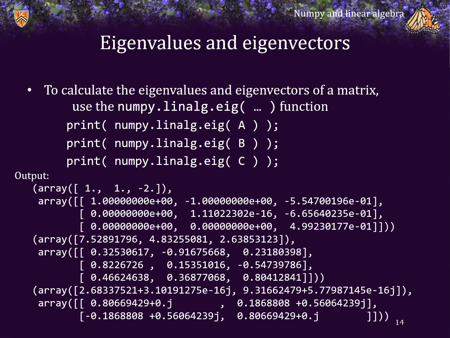And you will notice that the two eigenvectors are indeed orthogonal to each other, as the entries of the first vector are 0.80669 and negative 0.18688 plus 0.56064j, whereas the second eigenvector has these entries reversed in order and the one entry negated and conjugated.